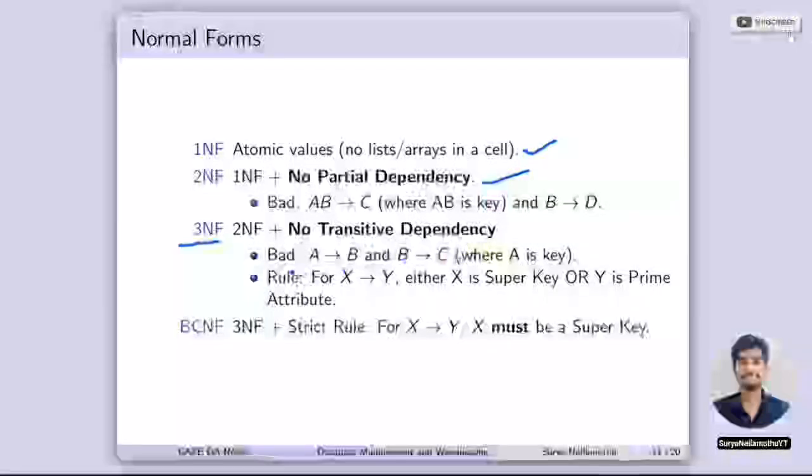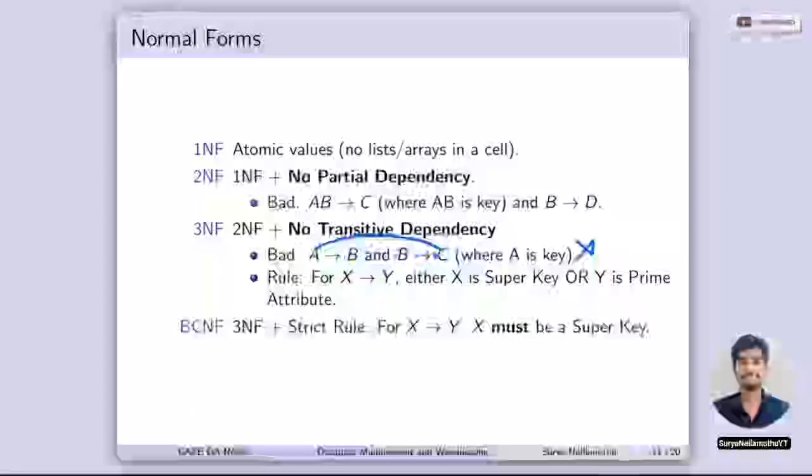Transitive dependency means A determines B and B determines C. So A is indirectly determining C through B. If we form this chain of rule, a transitive dependency occurs, which is not allowed in 3NF. So we need to check whether this happens or not.